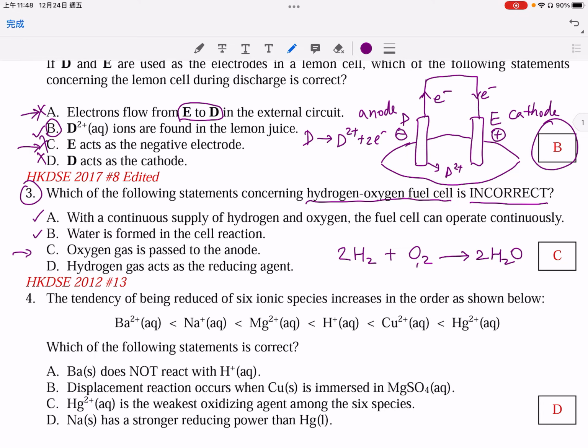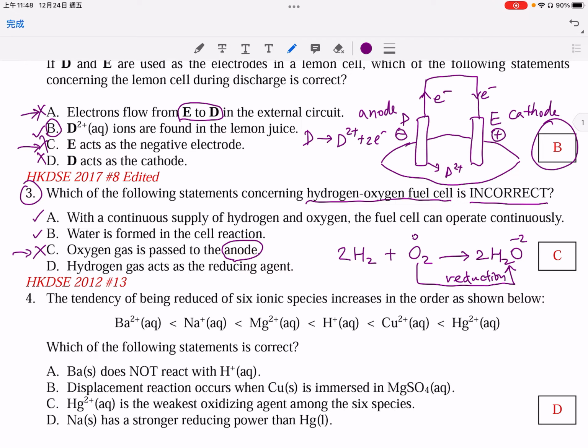Oxygen becomes water. Oxidation number of O from 0 to negative 2. So this is a reduction. Oxygen undergoes reduction. Reduction should take place at the cathode, not the anode here. So this is an incorrect statement.